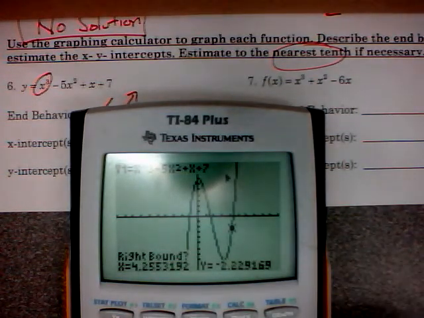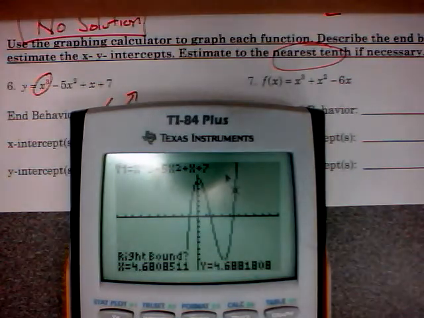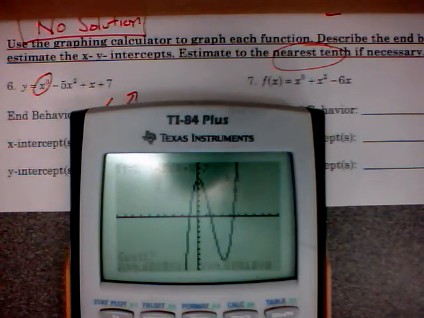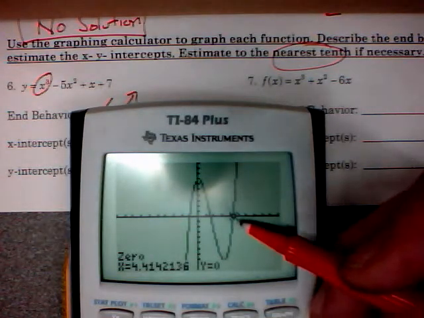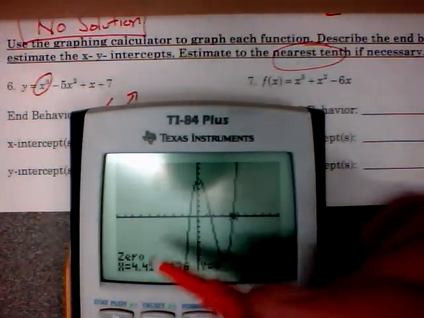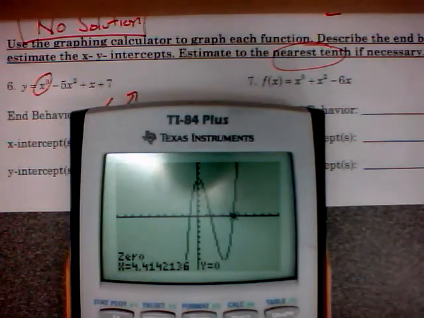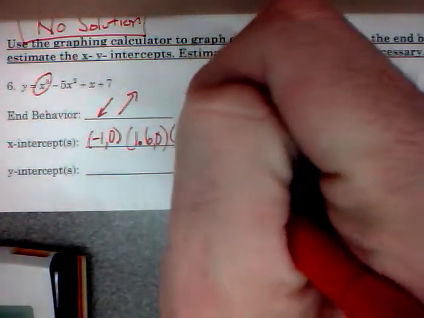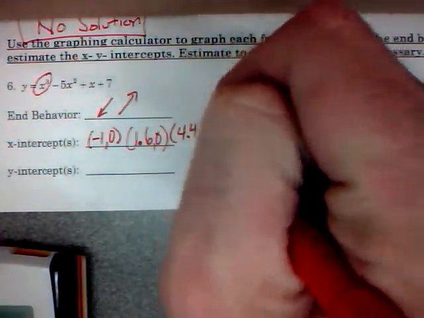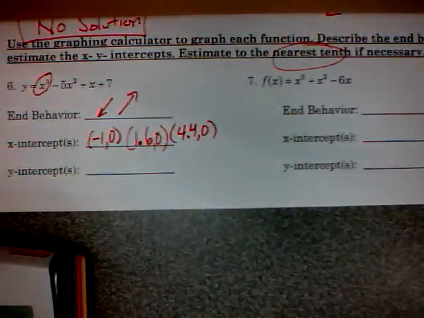And then if I move to the right a little bit more, I can move onto the right-hand side of that x-intercept, hit enter. And I guess I'll just hit enter one more time, and it moves my cursor right onto that point. So it looks like that 0 is approximately 4.4. So this is 4.4 comma 0. So those are your 3 x-intercepts.